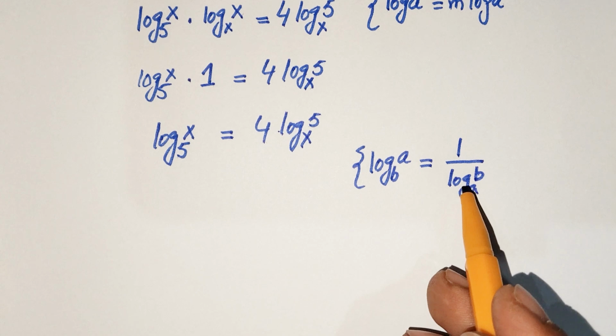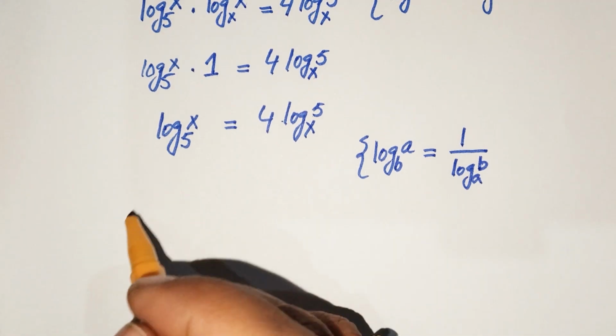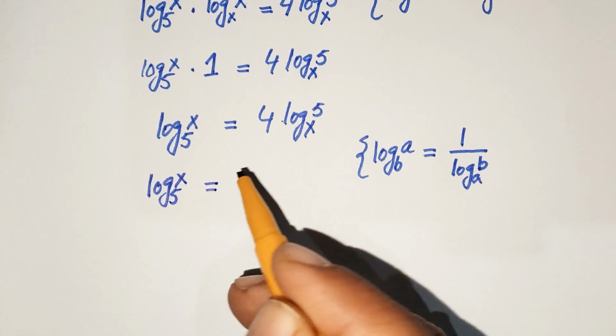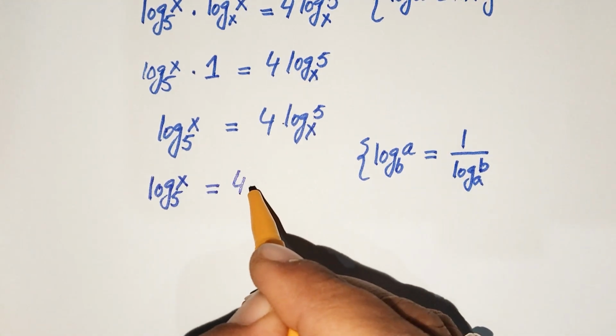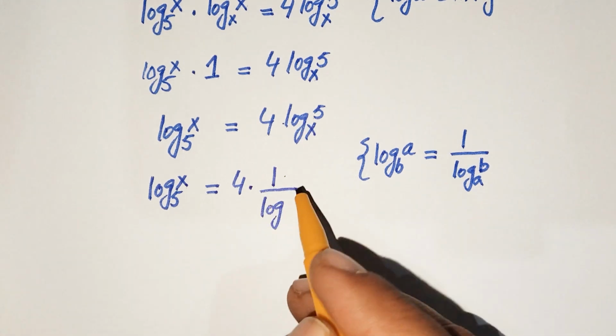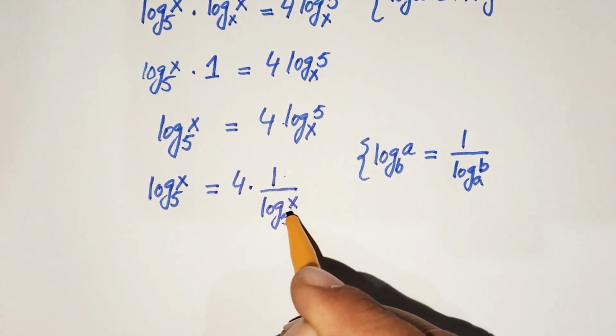Now we are going to use here that log x with base 5 is equal to 4 times 1 over log x with base 5, changing this base.